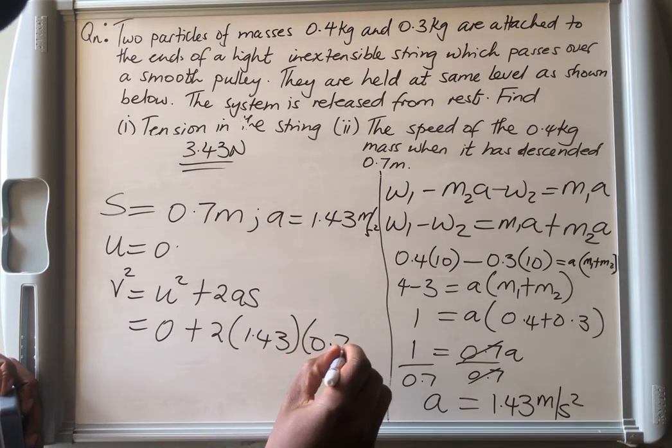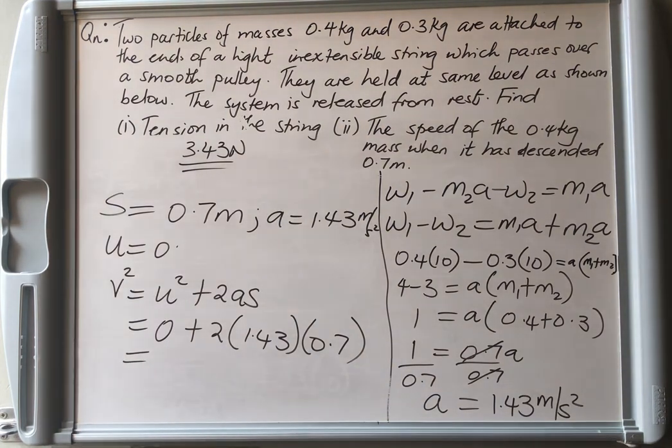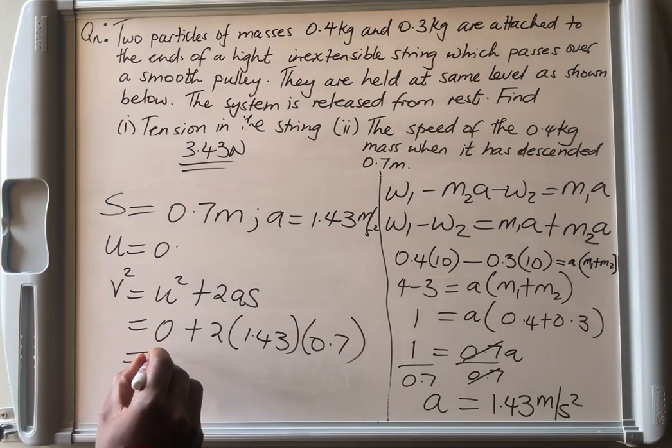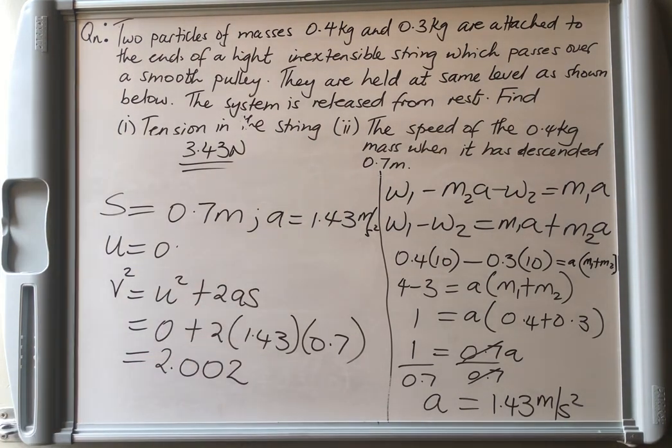S, it's given from the question like this. So if we punch this on a calculator, we are going to get 2 multiplied by 1.43 multiplied again by 0.7, and we'll have 2.002. But that's V squared.